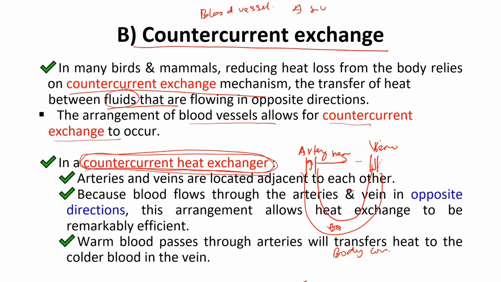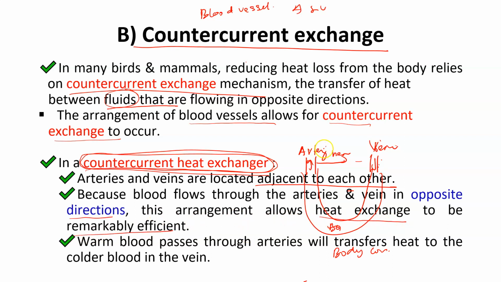Okay, so in a countercurrent heat exchanger, the artery and vein are located adjacent to each other, side by side. Because blood flows through the artery and vein in opposite direction, this arrangement allows heat exchange to be remarkably efficient.